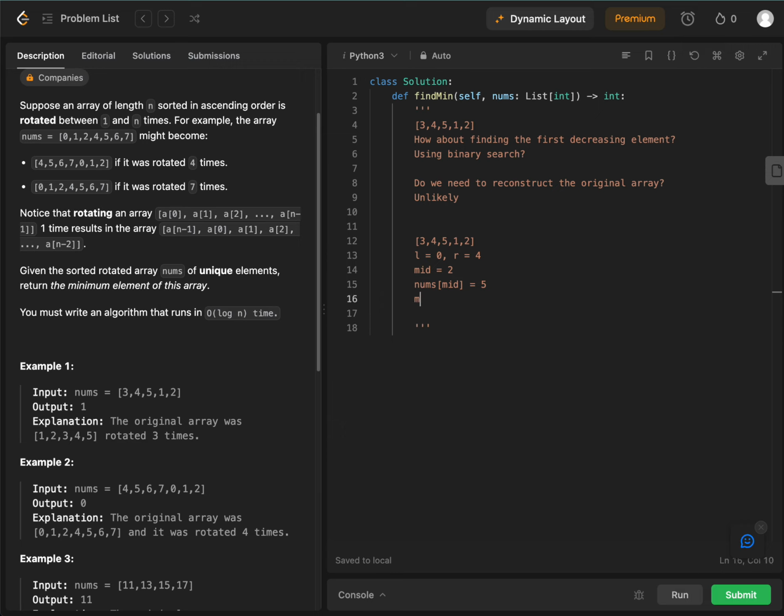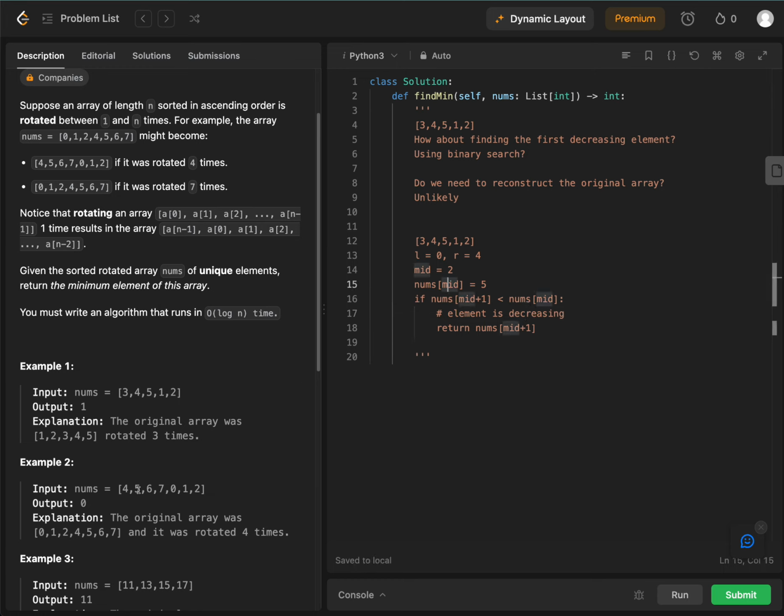So if nums[mid + 1] is smaller than nums[mid], then we know that this is the first decreasing element. Then the pivot is here, so we can return nums[mid + 1].